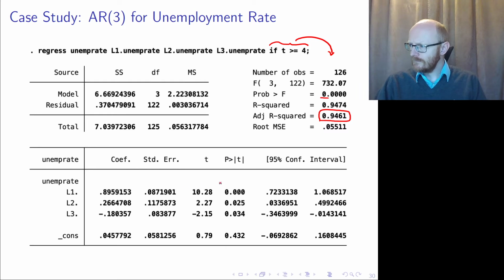The F-test is passed, and the p-values for the t-tests indicate that all of these lags are indeed significantly different from 0.